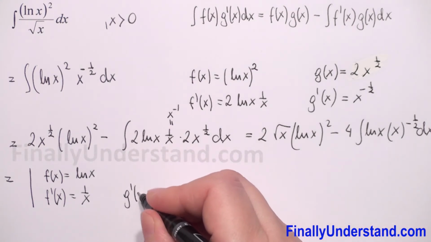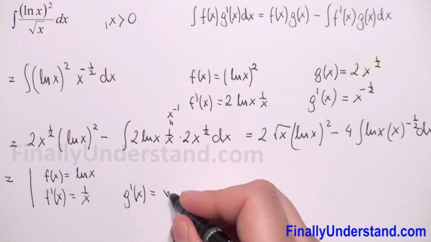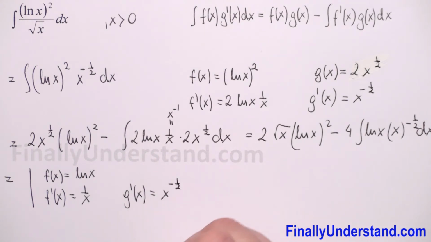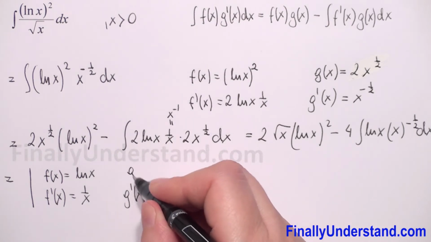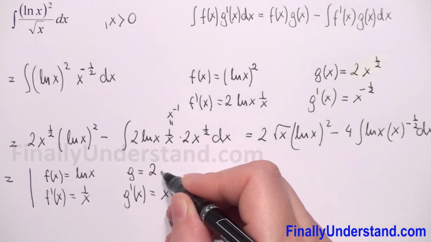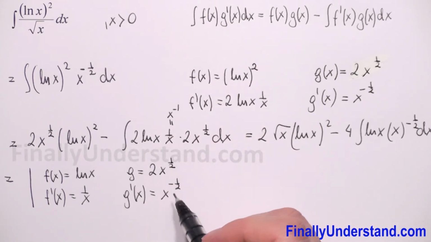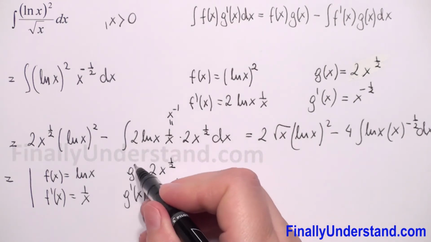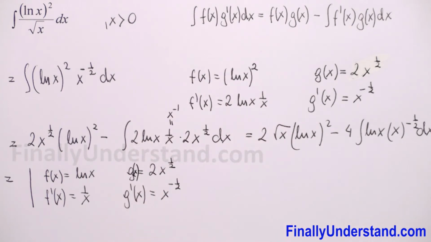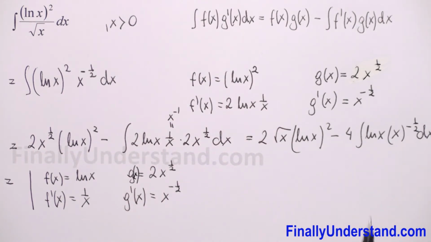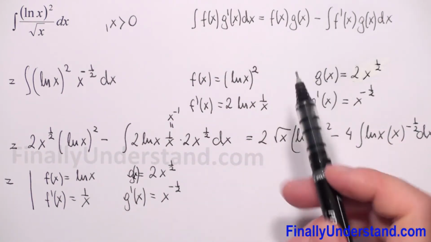G prime is x to the power negative 1/2. So g is equal to 2 times x to the power 1/2. Now we have to use this formula again.